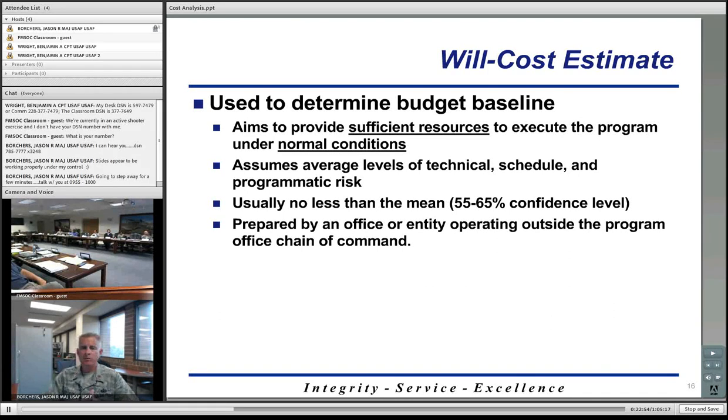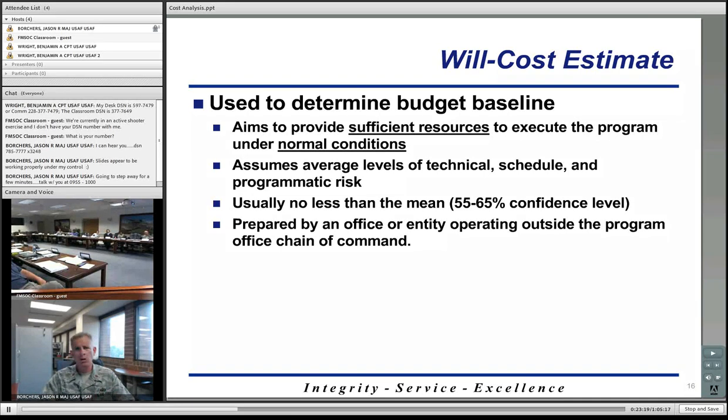So if you think of your cost curve, that's essentially what we're saying, is looking at historical programs, your will cost estimate will be between 55 and 65% confidence level. So you're 55 to 65% sure that the cost for your current program will fall within this range. That's essentially what we're talking about here.